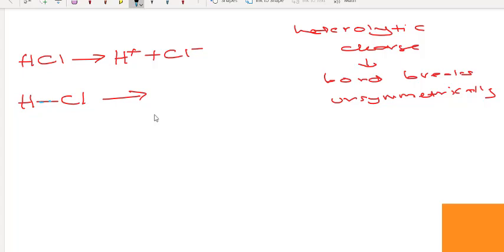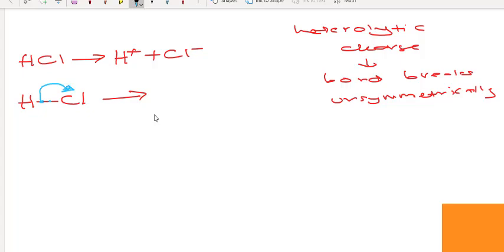In homolytic cleavage, the electrons are separated, one electron given to each atom. But for heterolytic cleavage, it is vice versa: these two electrons will be given to the more electronegative atom.